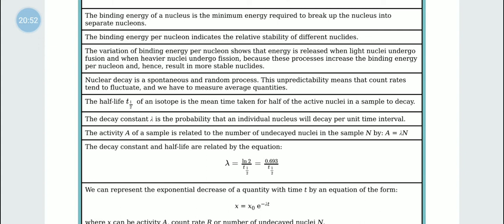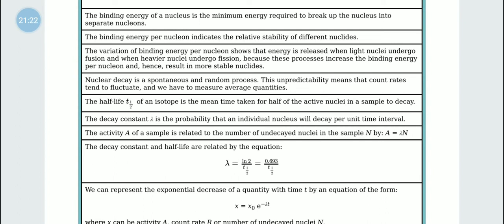If the binding energy is high, we knew that it was stable. The variation of binding energy per nucleon showed that energy is released when light nuclei undergo fusion and when heavier nuclei undergo fission. Because these processes increase the binding energy per nucleon, more stable nuclides would result.